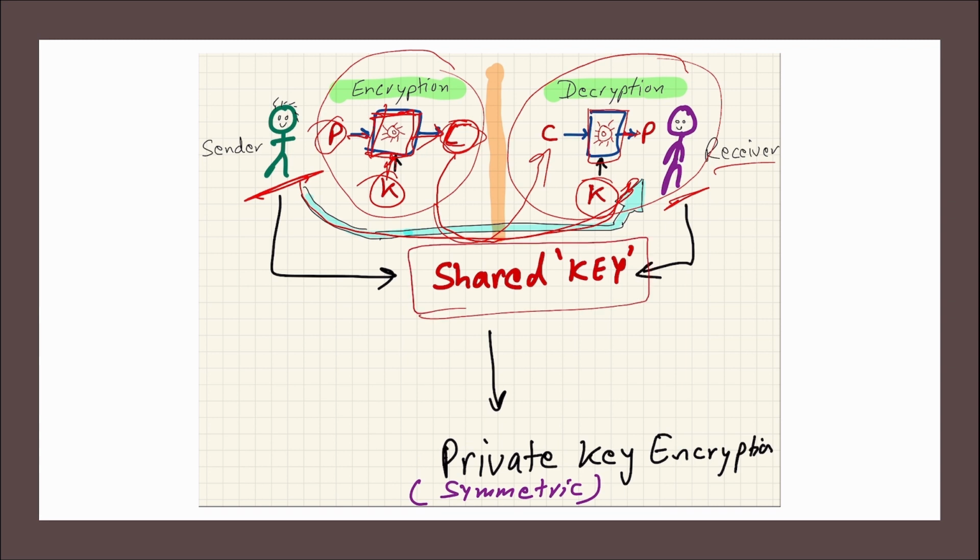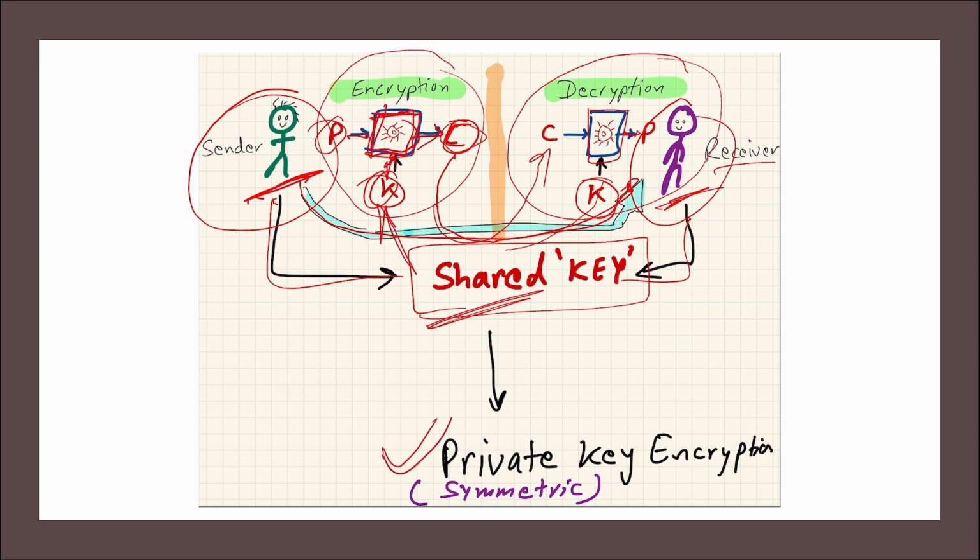There is this common shared secret key or shared password, and if he wants to encrypt some message, he will have to use this shared key as an input, and if she, the receiver, wants to receive and decrypt this message, she will have to use this shared key to decrypt the message. And because this is a shared key which is known to both sender and receiver and is private to both, it is called private key encryption or symmetric key encryption.